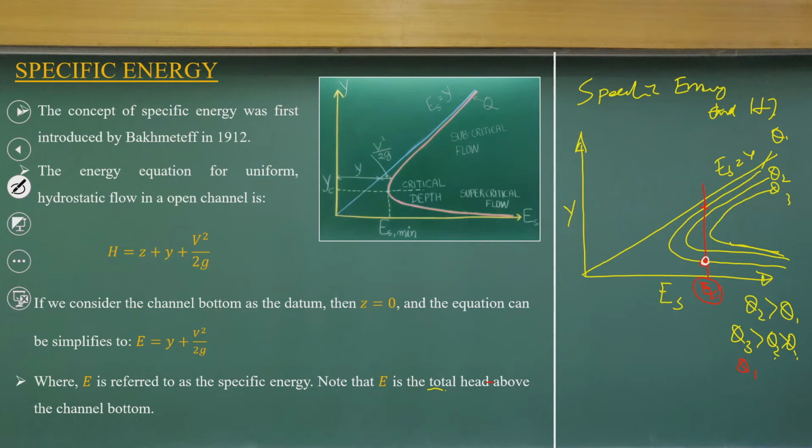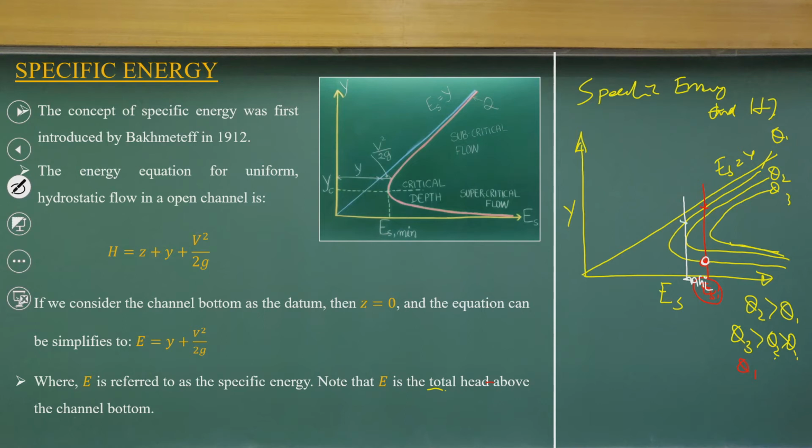But as we know, if there is a hydraulic jump, there is a certain energy loss, so the next point will come here, with HL the energy loss just downstream. Because energy loss is happening, it will come down in the figure towards this part.